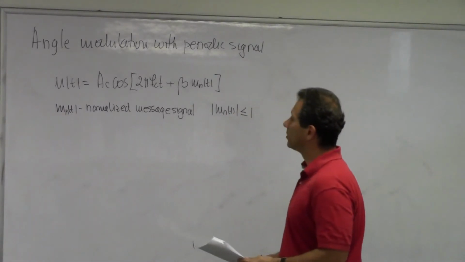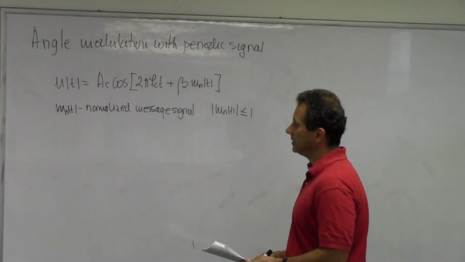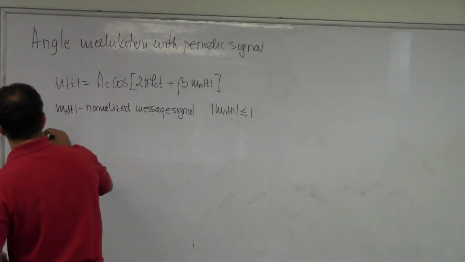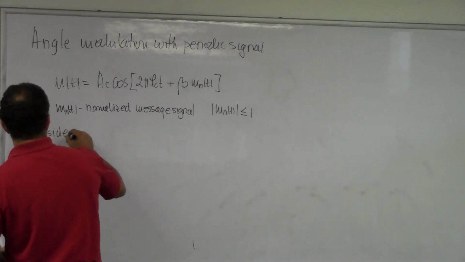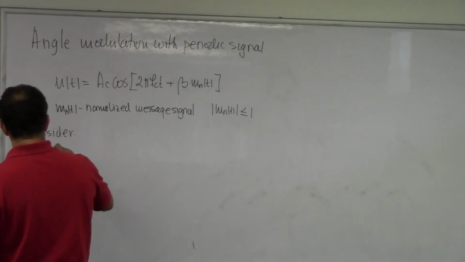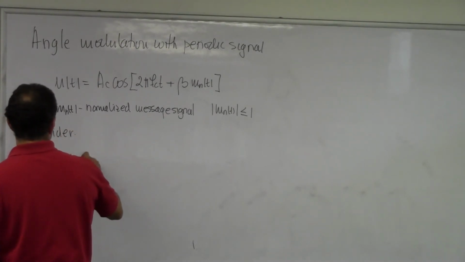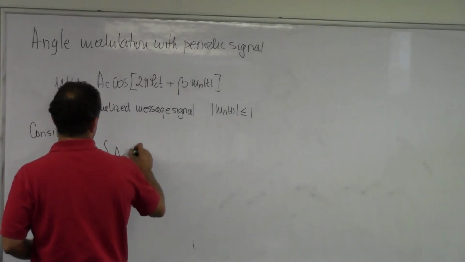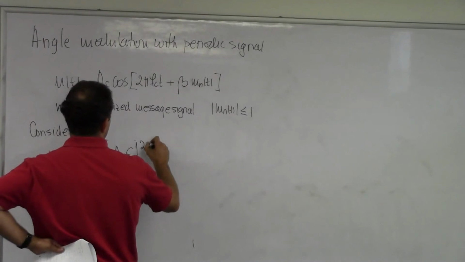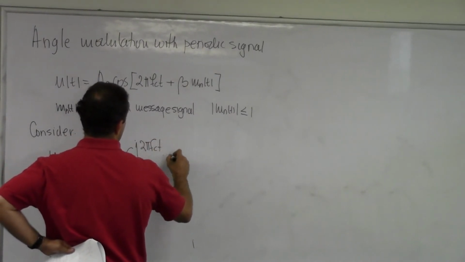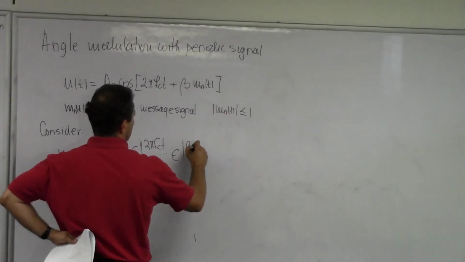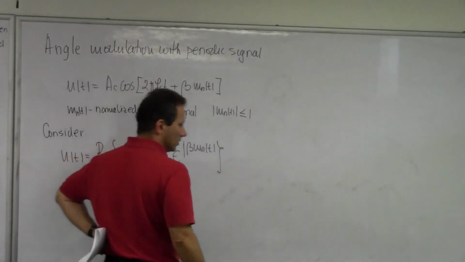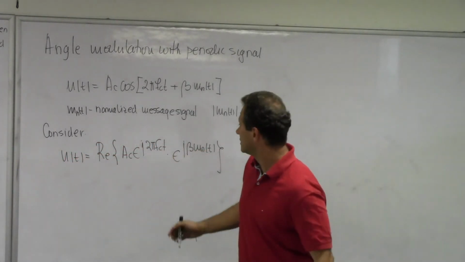Now, how do we approach this problem? We're going to follow the same process we did last time. Consider this u of t can be written as the real part of AC e to the j 2 pi fc t times e to the j beta mn of t. How do I know that? We'll do this mind calculation.